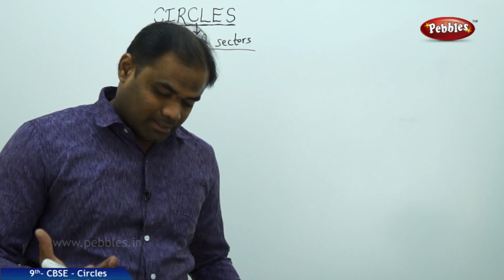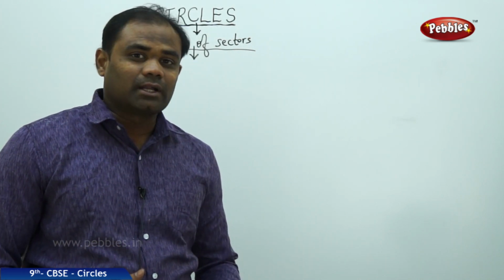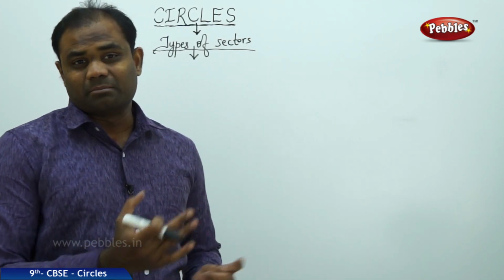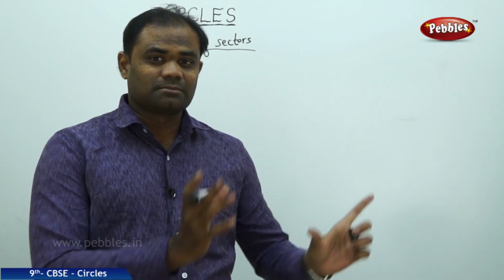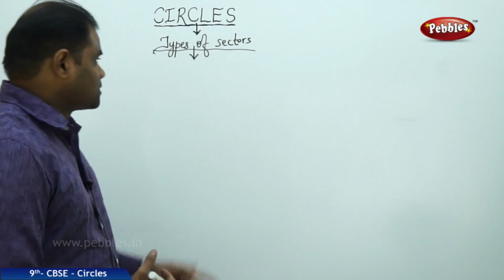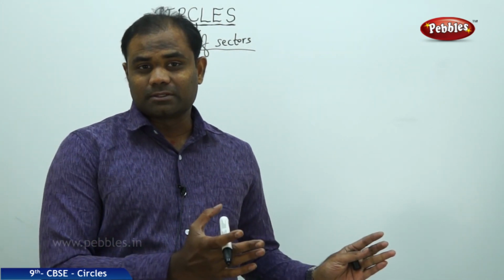Just like we had the different definitions for an arc, we had major arc and minor arc. Even for segments, we had the classification of segments into two types, major segment and minor segment. Similarly, we classify sectors into two forms, of course, major sector and minor sector. So let's see the definitions in brief.